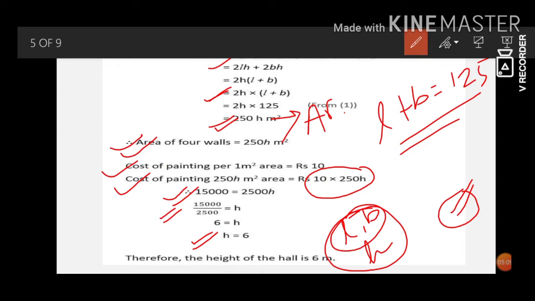At the end, we will equate the cost that is given in the question, which is 15,000 rupees, to the assumed cost that we can get if L, B, H are not provided. So this is how we can do questions like this. Now let us see another example.